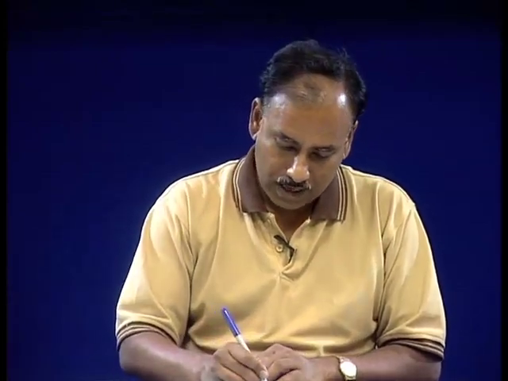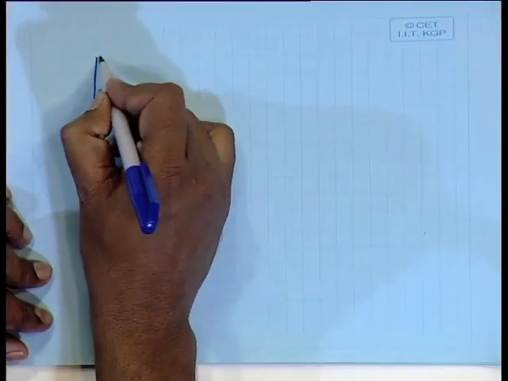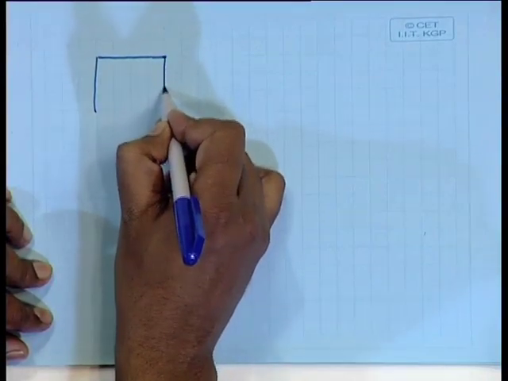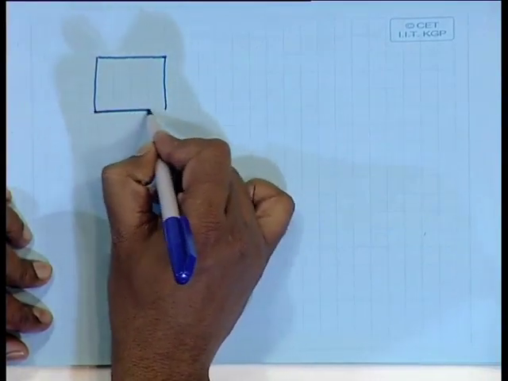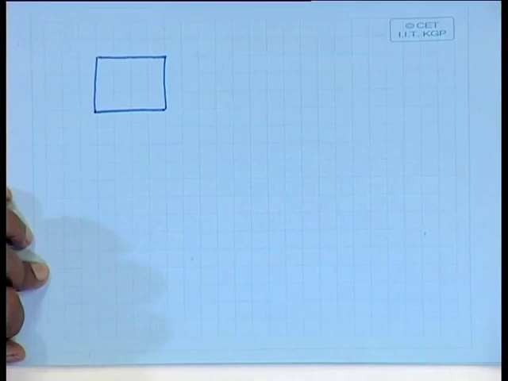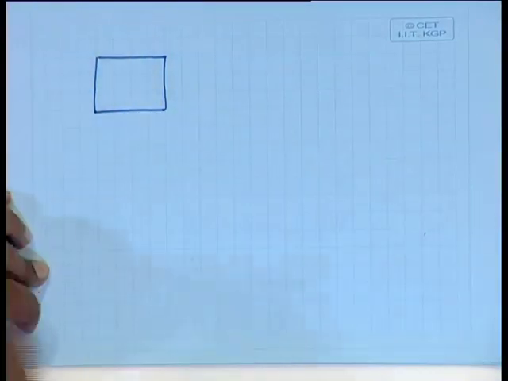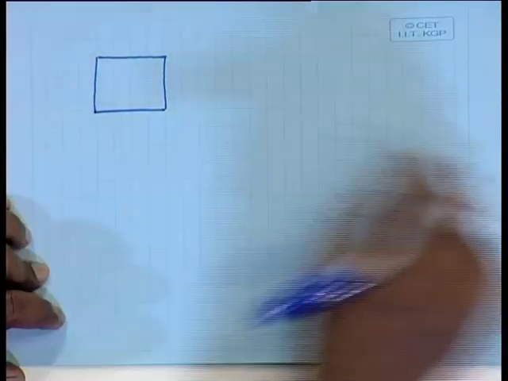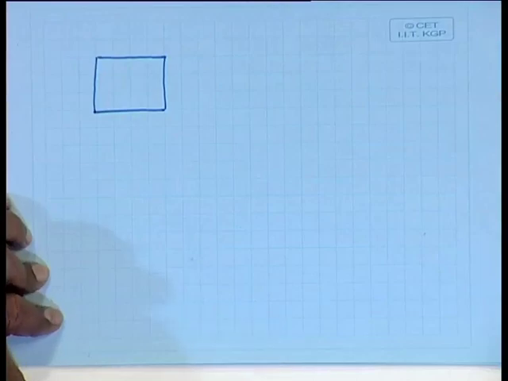Okay. Now, suppose I have a situation something like this. So, I have one hyperbox somewhere over here. Okay. Now, what is the advantage of these hyperboxes or the advantage of the rectangles?